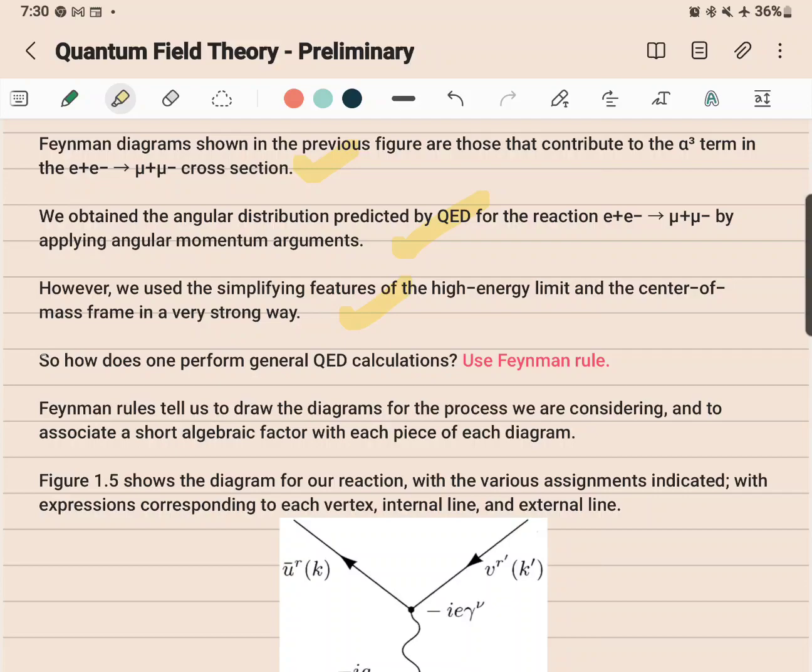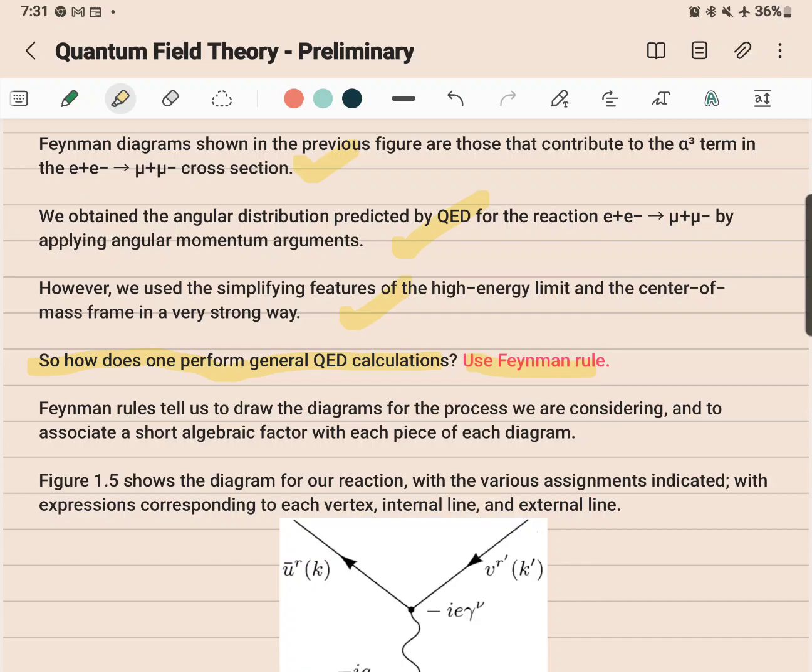So how does one perform a general QED calculation? The answer is to use the Feynman rules. Feynman rules tell us how to draw the diagrams for the process we are considering, and to associate a short algebraic factor with each piece of each diagram.